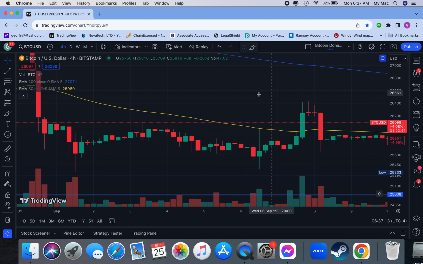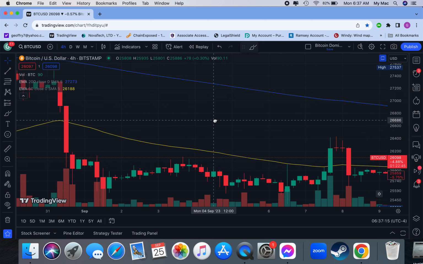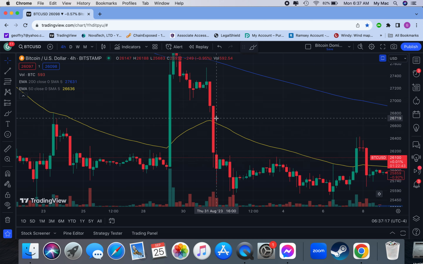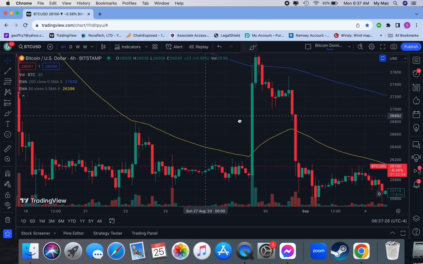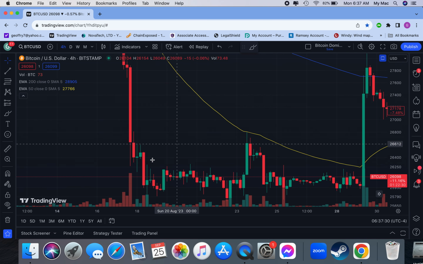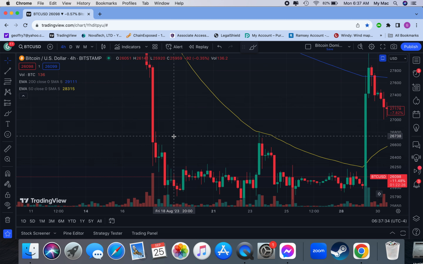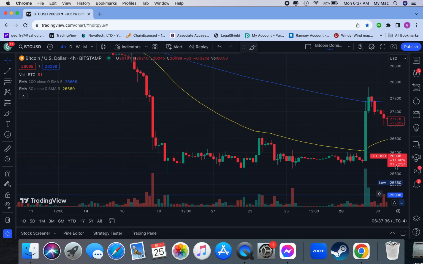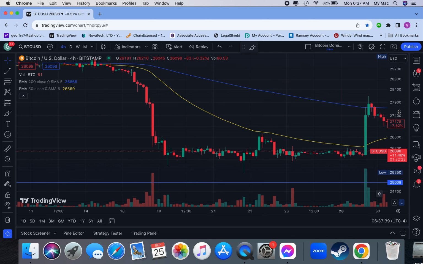So moving averages can be very helpful in determining where's a good time to buy. Breaks above the yellow, goes way up, breaks below the yellow, goes down. Good buy points, good sell points. And so this is a very helpful tool to do that.